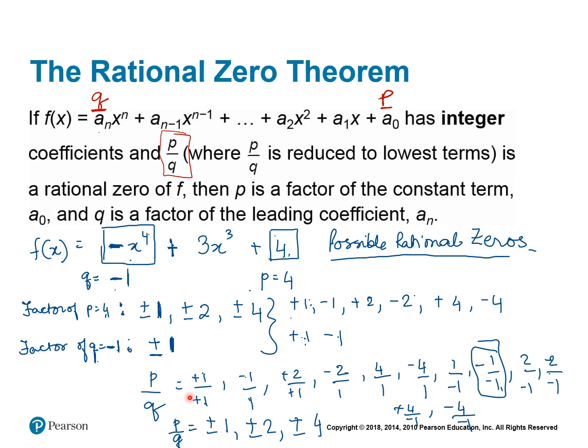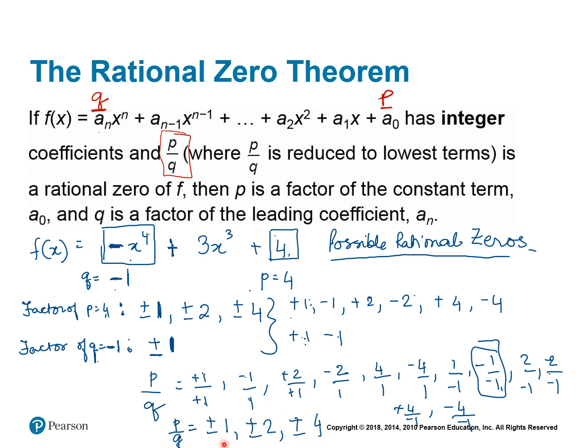So once we have come up with all the ratios, pick each unique ratio and write it. So it's going to be plus minus 1, plus minus 2, and plus minus 4. That means we have come down from an infinite list of x values on the x-axis. We have narrowed it down to just 6 values: plus minus 1, plus minus 2, and plus minus 4.